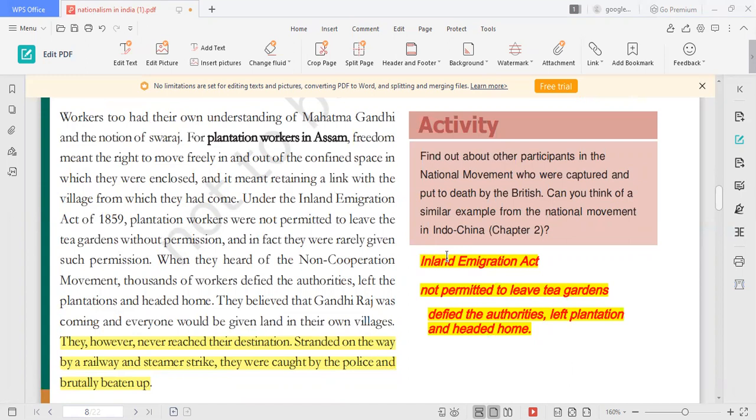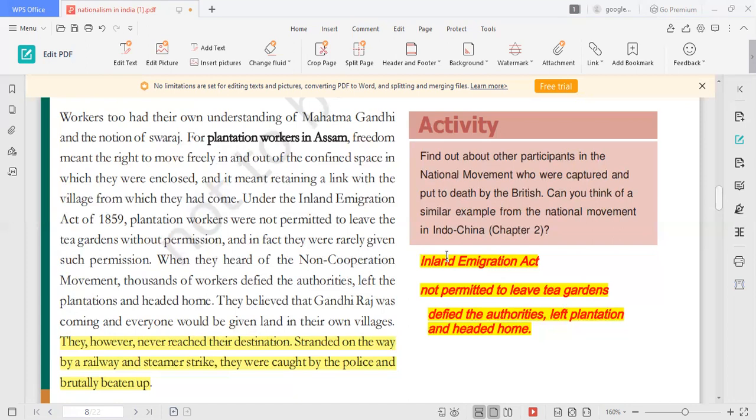For them, freedom was if the British government permitted them to move freely within the gardens, and to go back to their home in a short period, at regular intervals. That was their freedom. Innocent people. They did not know what is real freedom, what is democracy, what is constitution.